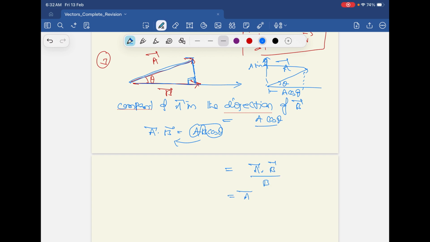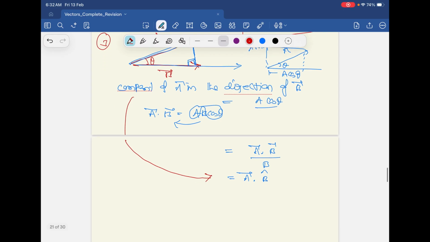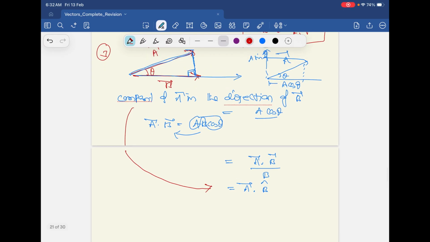You can write simply a bar dot b cap. So the component of a in the direction of b bar is a bar dot b cap. The direction is always going to be a unit vector, so b cap. The component in the direction of b bar is a bar's magnitude dot b cap.